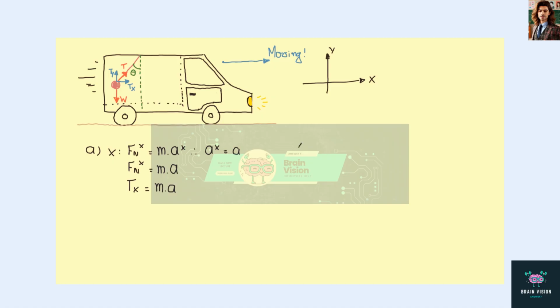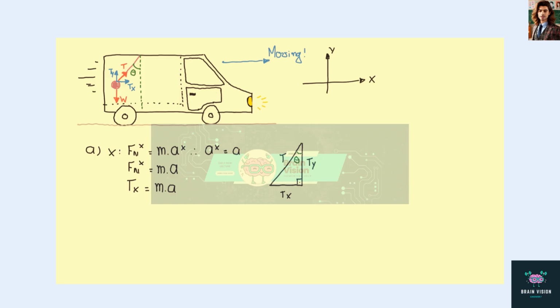We have the tension pointing in this direction, we have the y component, and we have the x component. They form a right triangle where the hypotenuse is the tension, this side is the y component, and this side is the x component. Notice by the geometry of the problem that the angle between the tension and the direction of the y component is theta. Then this angle of the triangle is theta.